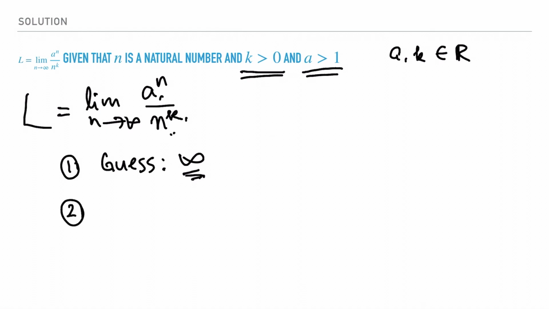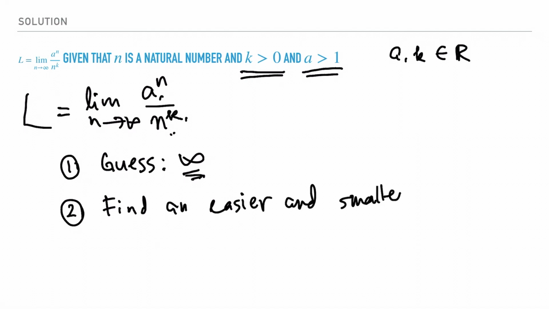Because that is my guess, what I'm going to do next is find an easier and smaller sequence. So I'm going to say that again: I'm going to try to find a smaller sequence.